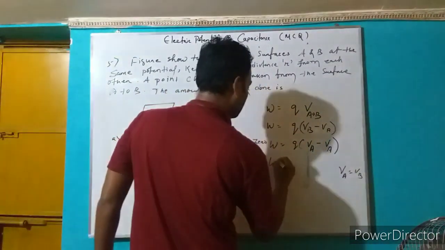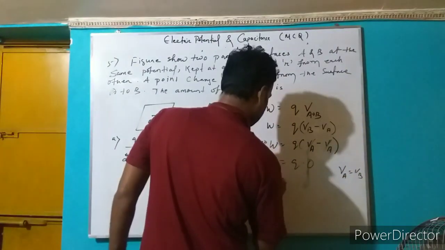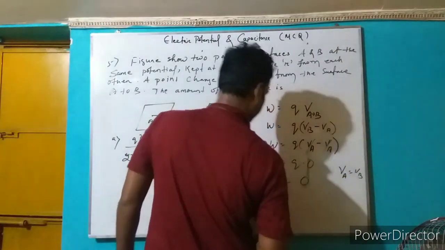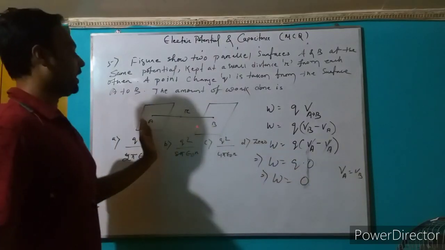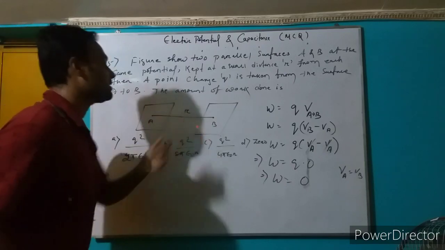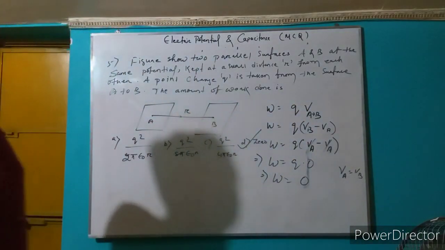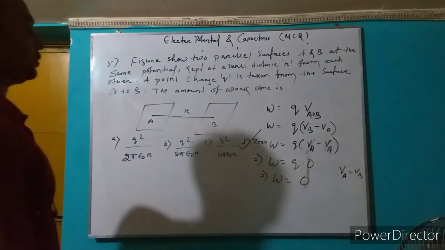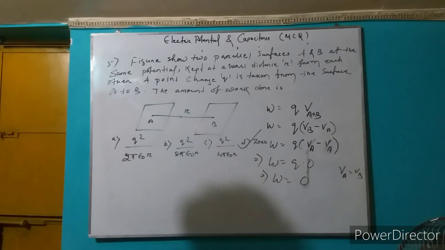That implies W equals Q into, that cancels out, that is 0. So W equals 0. So work done is 0 while the charge moves from A to B, because the two plates have the same potential. So option D is the correct answer, that is 0. Okay, now my next question.